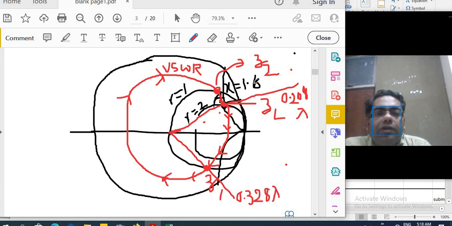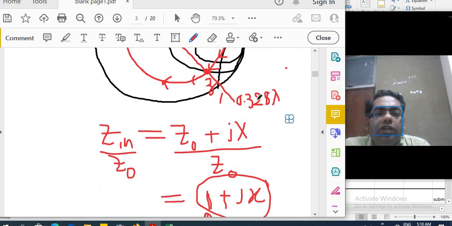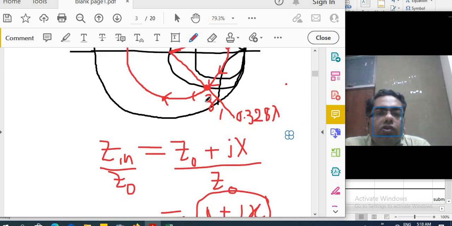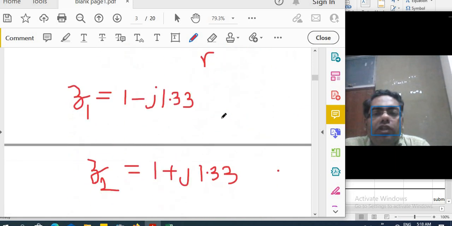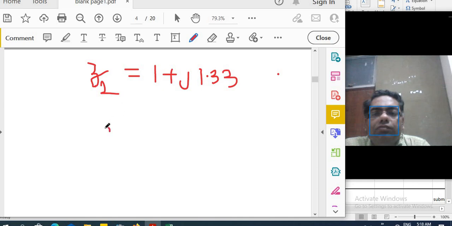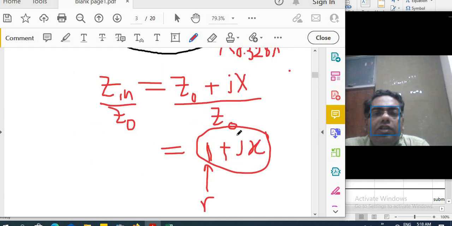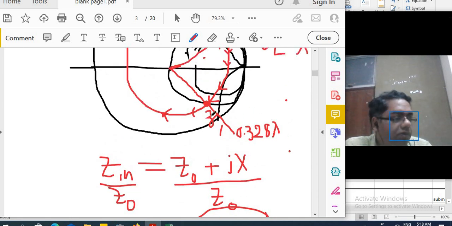If you subtract both, you get the value of d. Actually, there are two solutions. One solution is this Z1, for which we will get the value of d1.